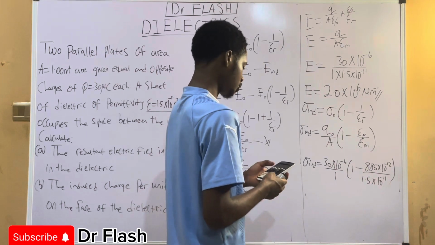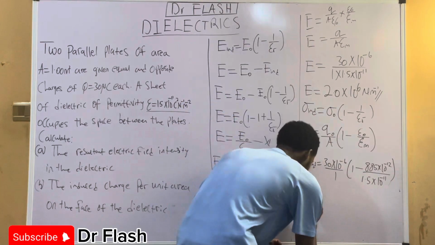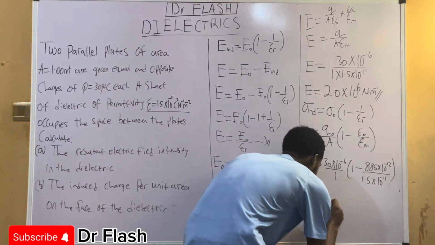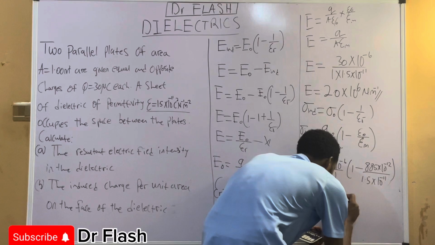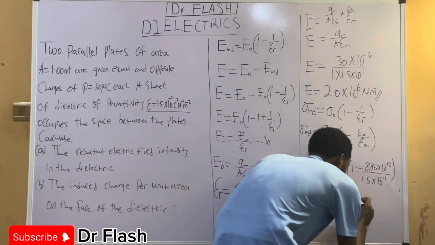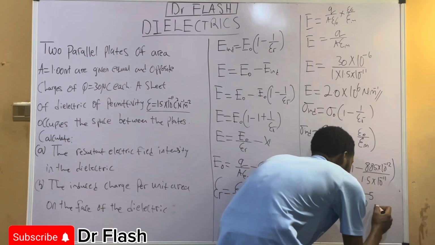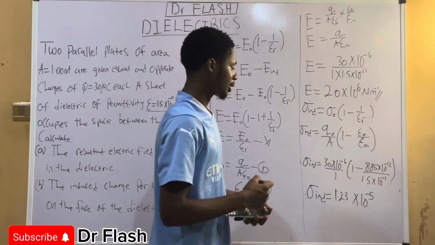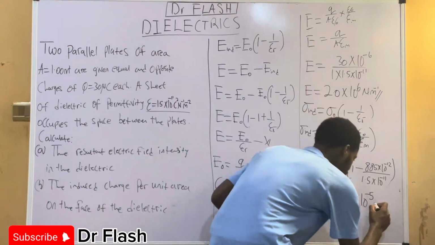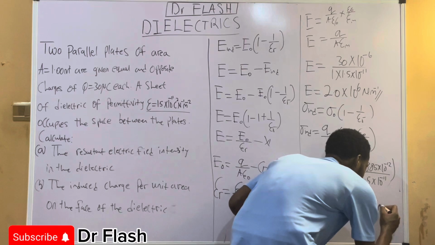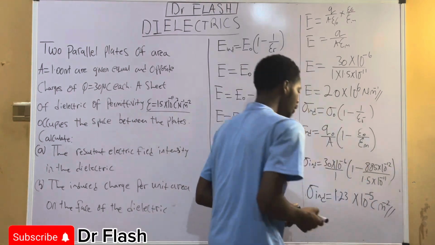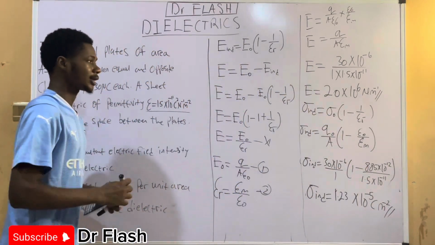By doing that, we're going to get a value of the induced charge density equal to 1.23 times 10 to the power of minus 5. Induced charge density is charge divided by area, so that is coulomb per meter squared. So that is our value, and that is how a problem like this is solved.